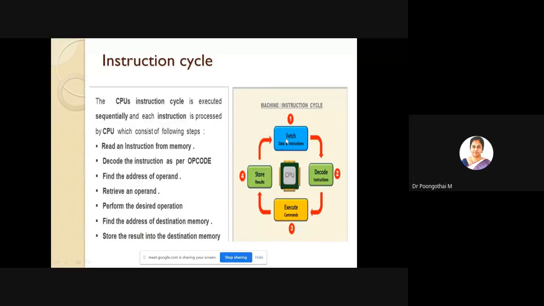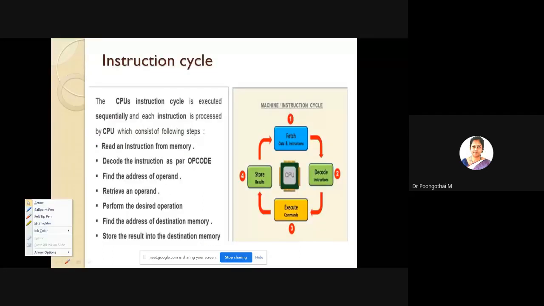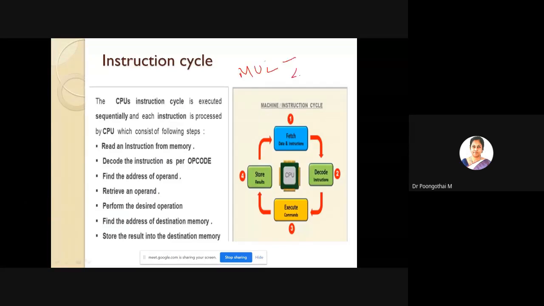Okay. A single instruction might need 1 or more machine cycles to get executed by the CPU. For example, a multiplication instruction takes 4 machine cycles. For simple move operations, it takes 1 machine cycle.